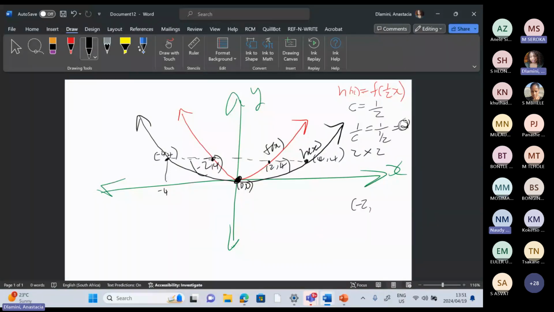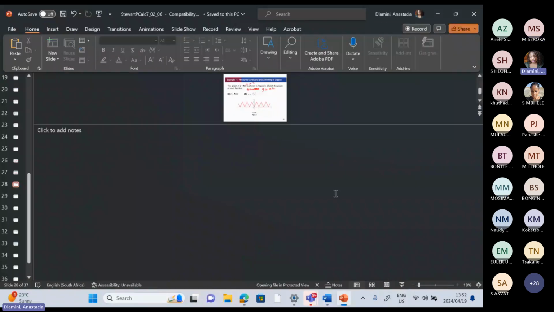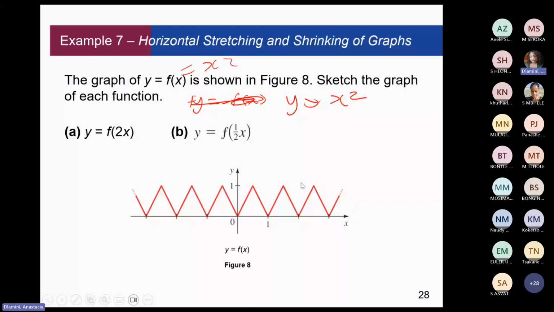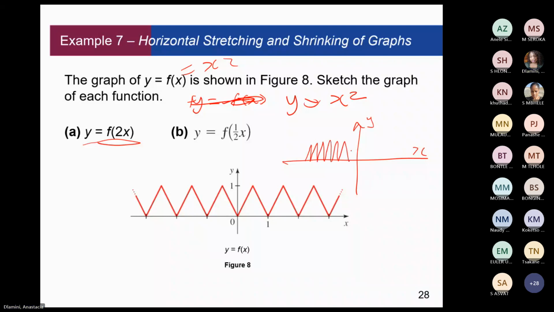So with the vertical, you need to breathe. Just understand it, and then you'll be fine. When you shrink it, you're expecting something like this. They'll be closer compared to being wider, right?